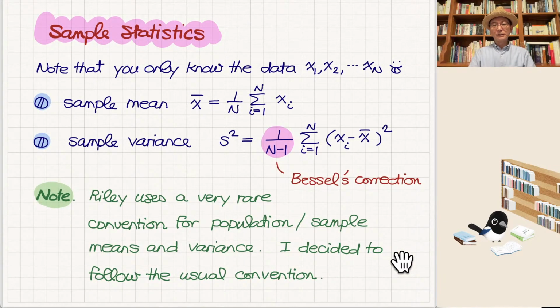Okay, once you get these samples, you can ask what kind of statistics you can do. So here we're going to introduce several important sample statistics. And this is also the part that I struggle a lot, because I know that we use Riley as the textbook, right? And it's published by Cambridge University Press. Supposedly it should be good. But Riley here used a very rare convention for population and sample means and variance.